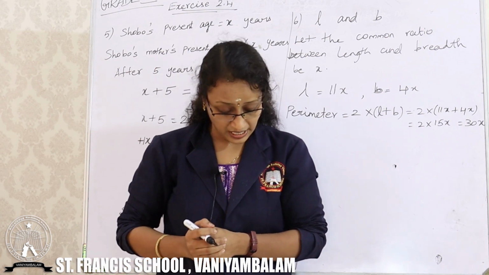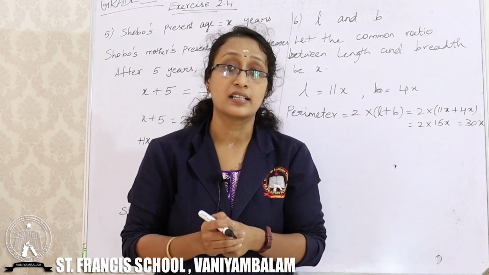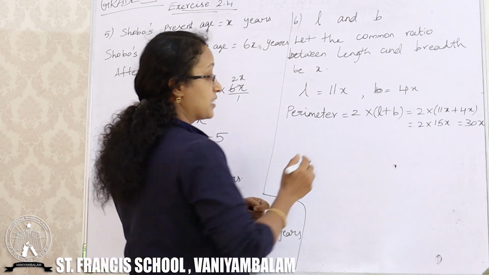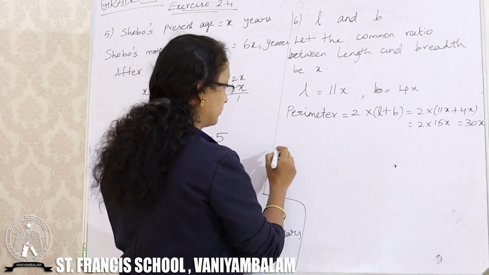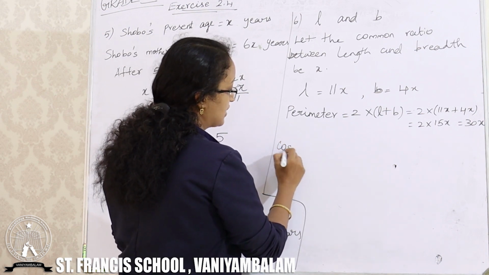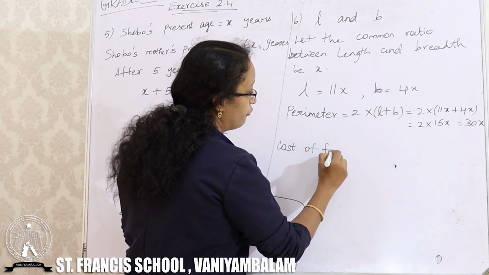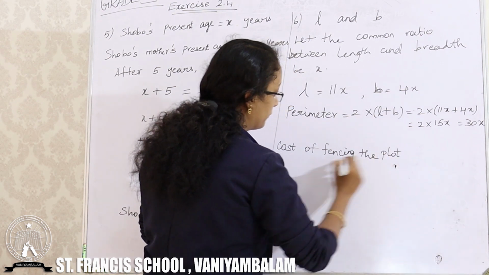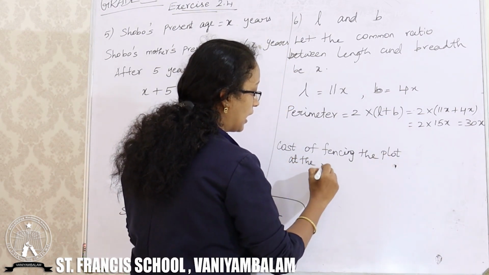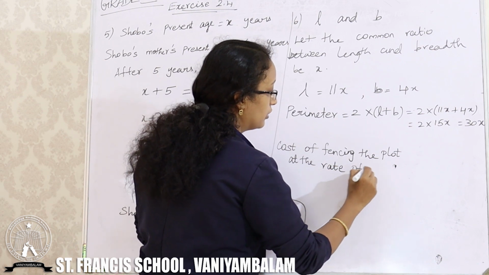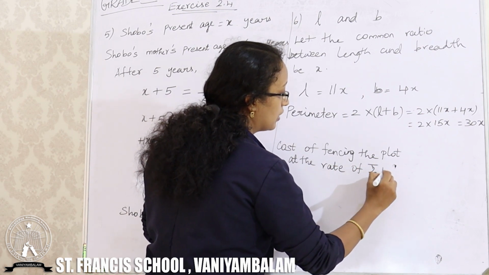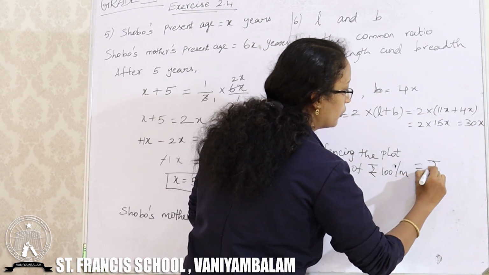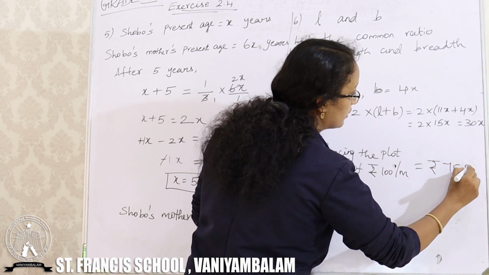It is given that at the rate of rupees 100 per meter, the cost of fencing the plot is rupees 75,000.